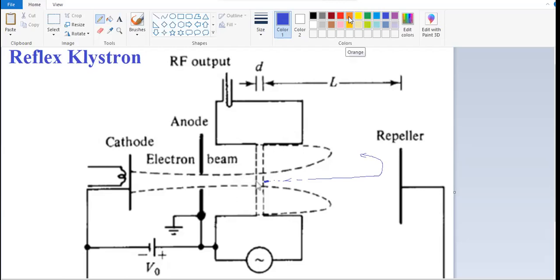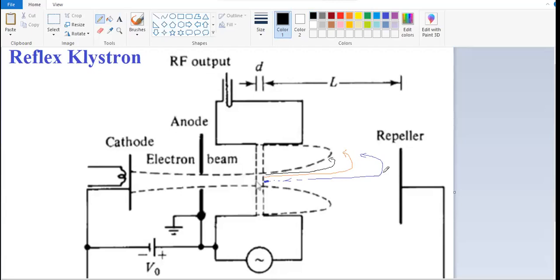I'll take the neutral reference electron in another color. The reference electron goes and repels from here, because its velocity is as it is, so it repels from a lesser distance. And the last one, the electron with the negative half cycle, goes from here and then repels from this distance.